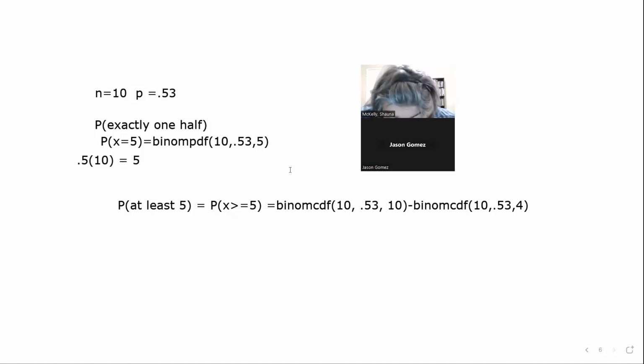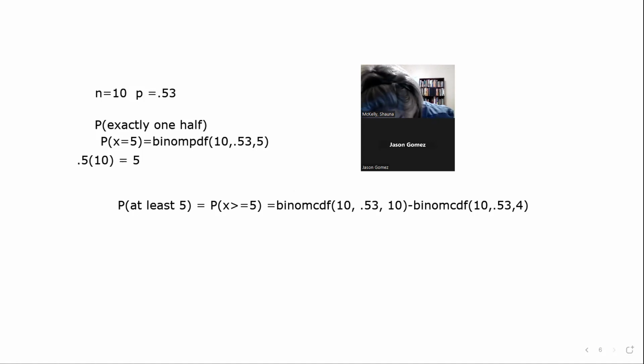Okay, so let's do this. This is second distribution. Binomial CDF, the bad habit of that today. This is 10, 0.53 and 10, because we started with 10 people.